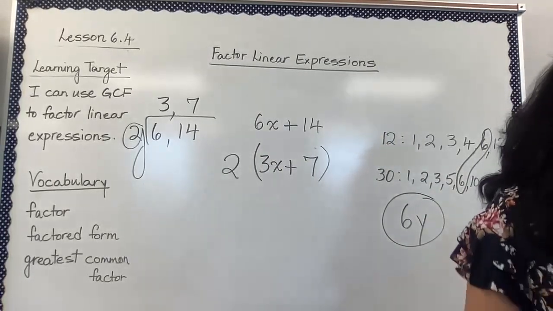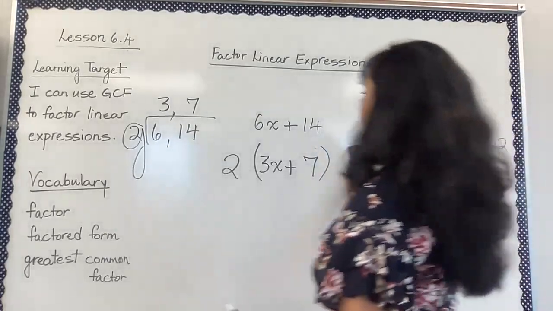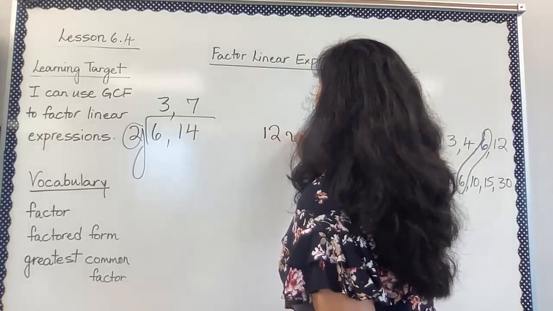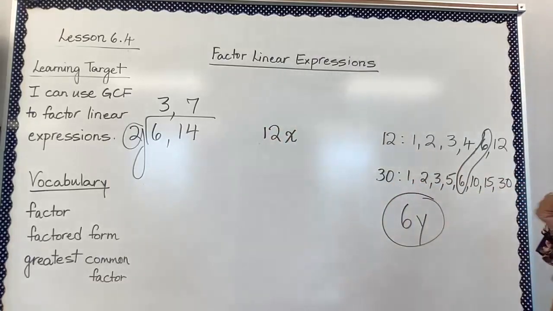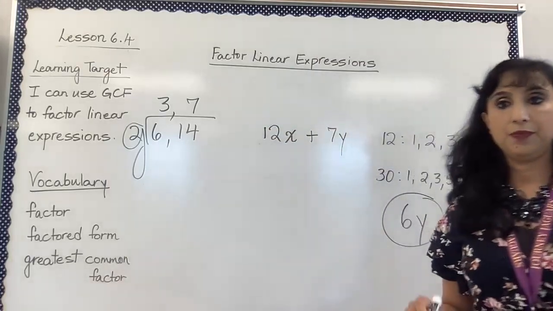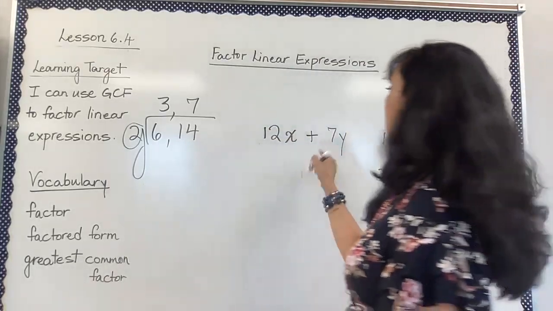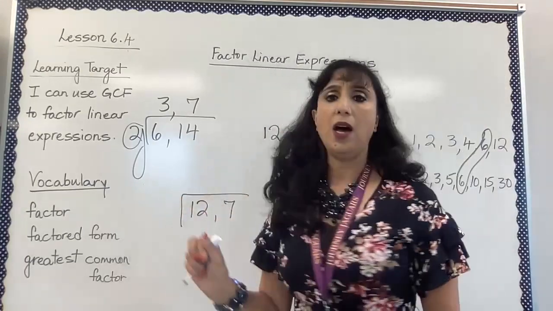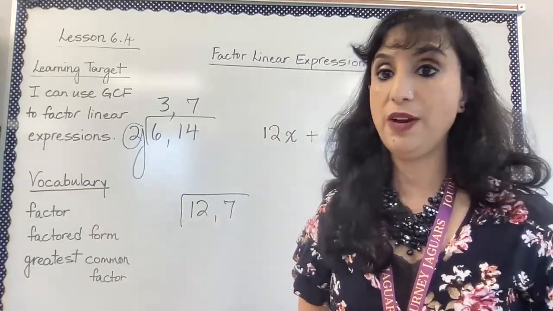Okay, what if I give you 12x plus 7y? Let's look at this. If I say 12 and 7, they're not both divisible by 2, 3, 4, 5.